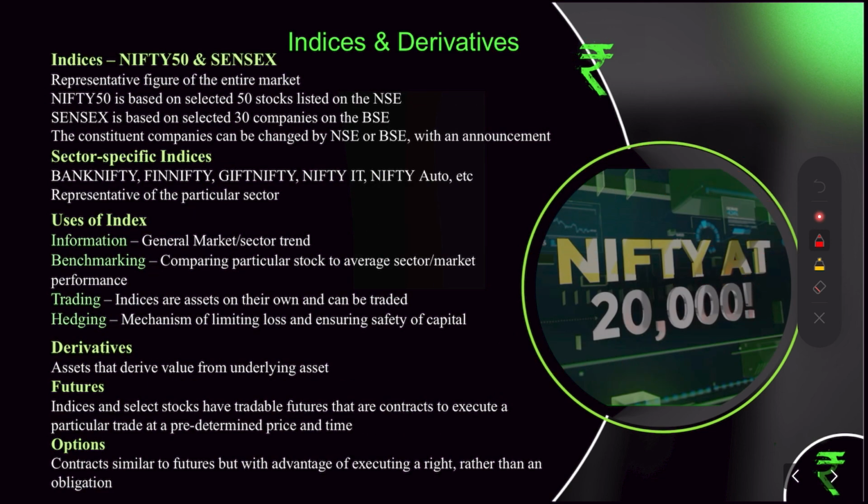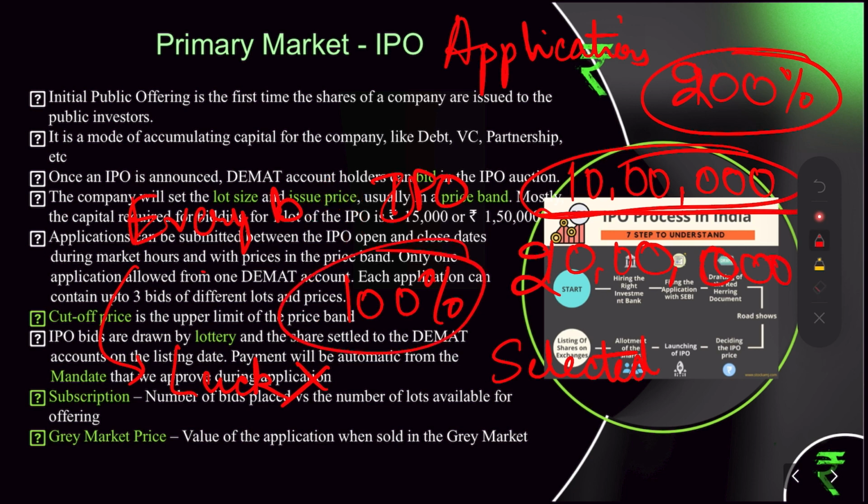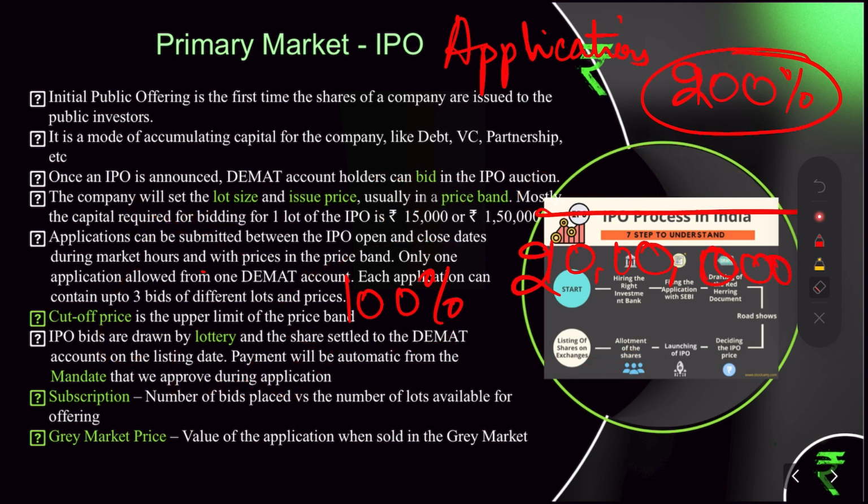So below 100% subscription, everybody gets the IPO shares irrespective of luck. But once the subscription crosses 100%, it is allotted based on lottery, right? This is what we call the subscription basis.